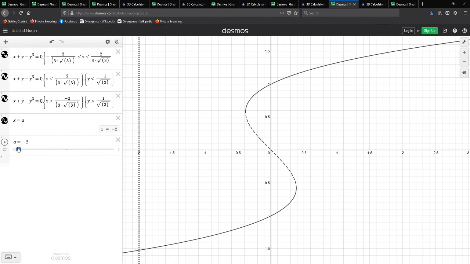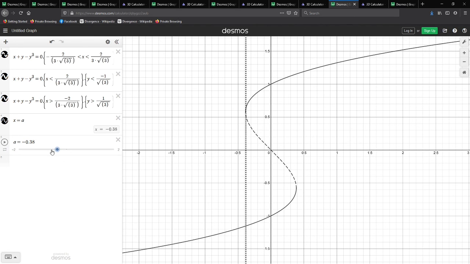So using GeoGebra and Desmos, we can get a very nice picture of what's going on here. For values of lambda less than negative 2 over the square root of 3, you see there's one critical point, or one equilibrium point of our differential equation. And then at lambda equals negative 2 over 3 times the square root of 3, that one critical value turns into two critical values.